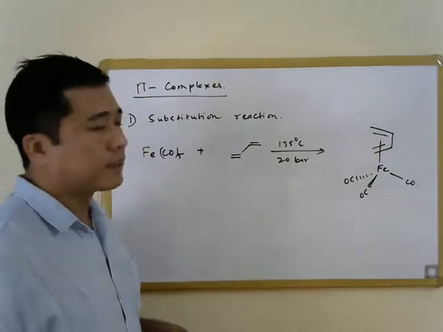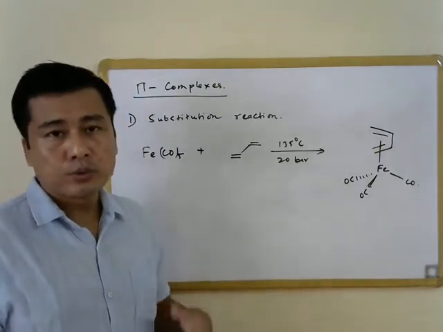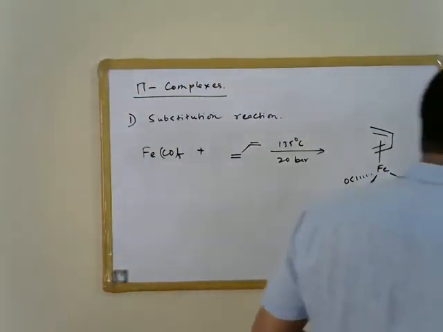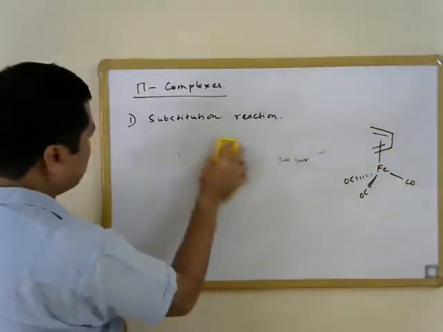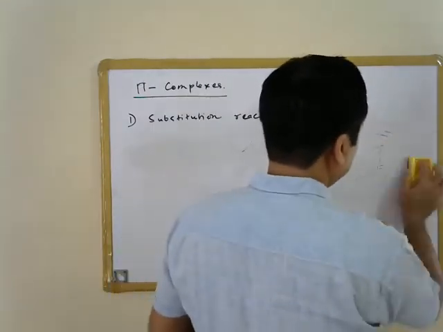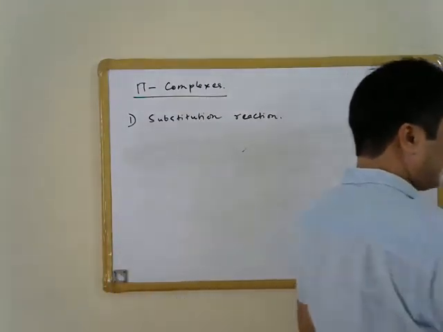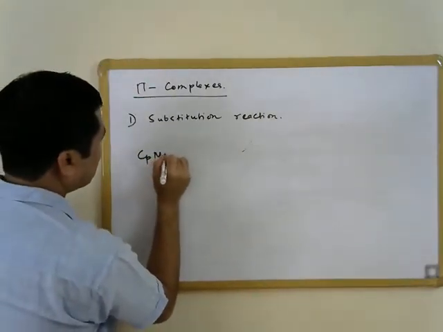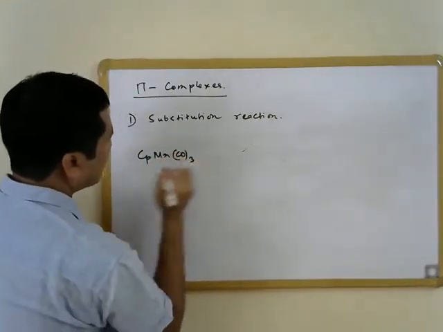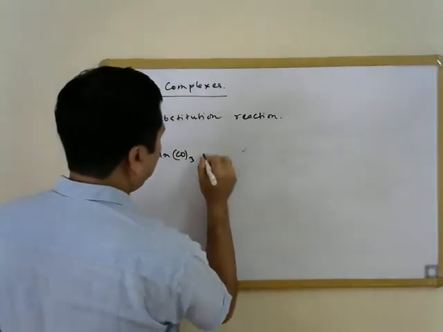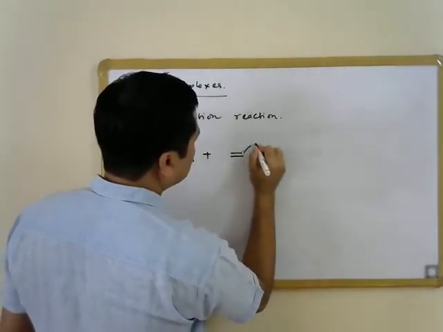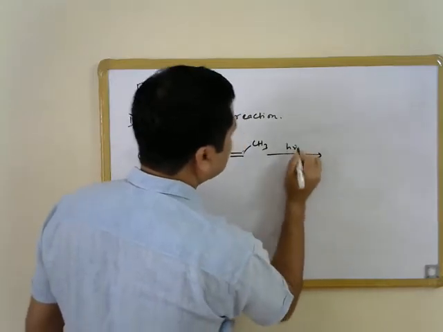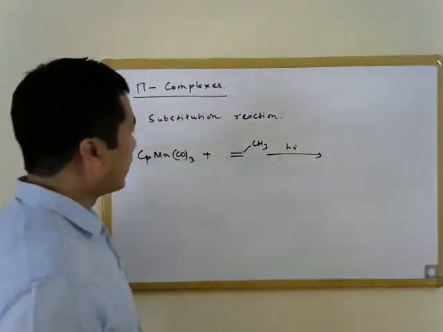Instead of thermal substitution, one can also do photochemical substitution on such metal carbonyl precursor complexes. So you can take CpMn(CO)3 and react it with an olefin under photochemical irradiation.